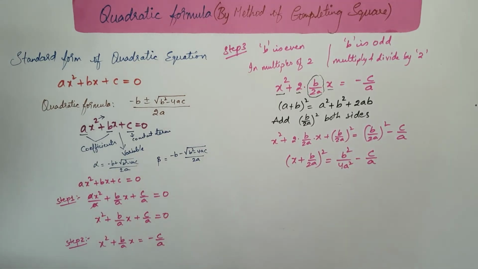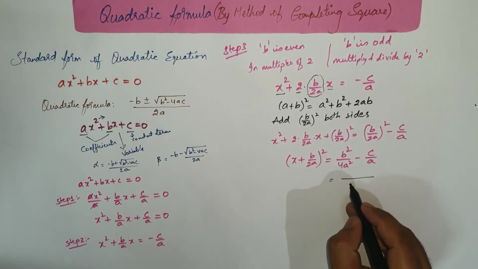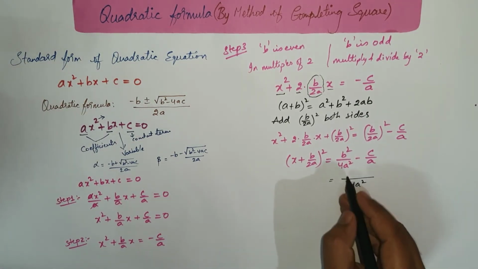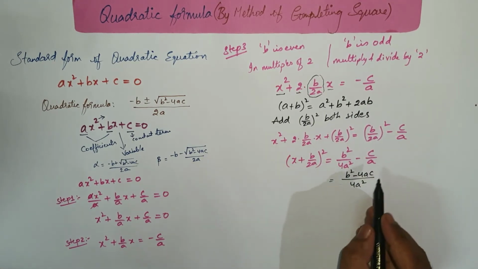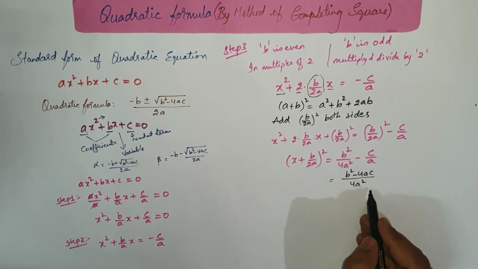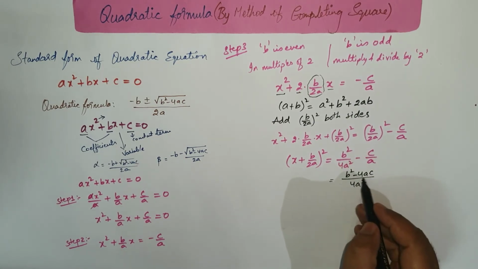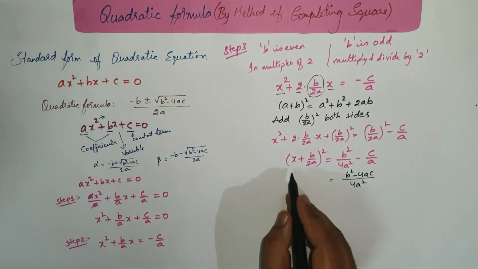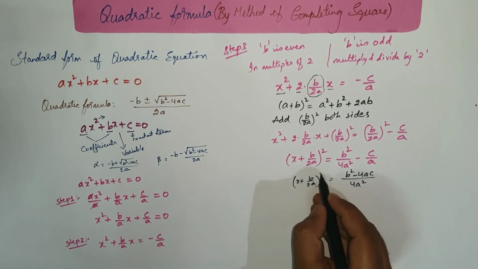Now if you simplify this, 4a square will be in the denominator, and in the numerator you will get b square minus 4ac. The left side will be x plus b by 2a whole square as it is.